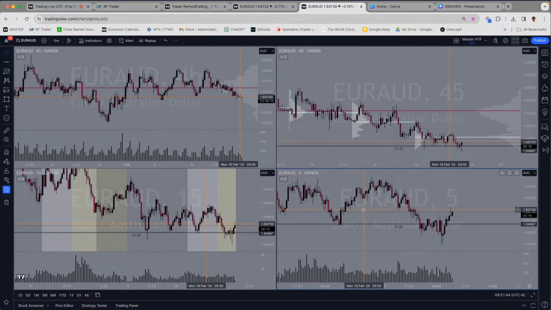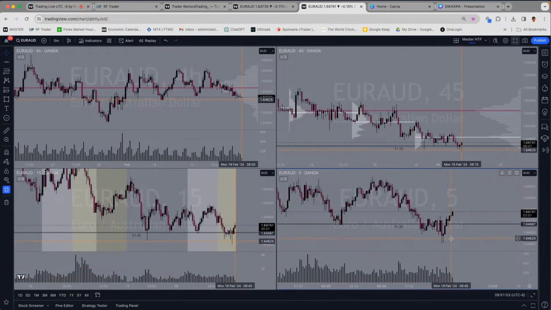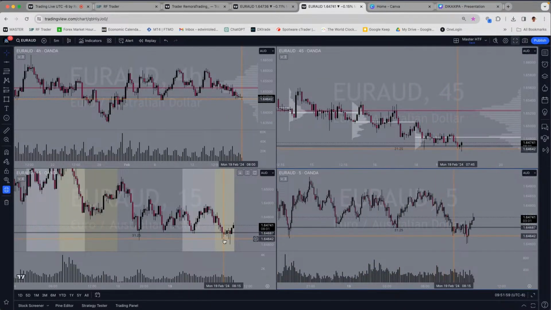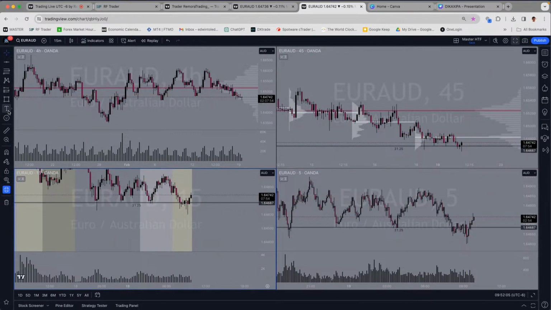I'm not sure about setting this though. Buying this, I mean. I don't know. The candle is nice, but the volume is not nice. So I wanna see.